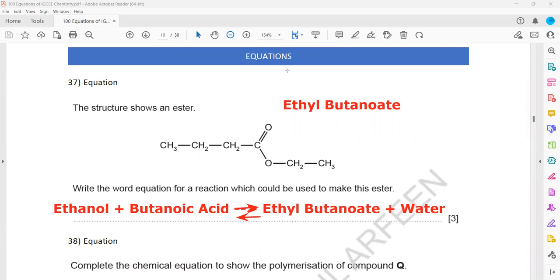Not always, it depends on the type of reaction. When acid reacts with metal, it will be salt and hydrogen. But acid with metal oxide gives salt and water. Metal hydroxide gives salt and water. Metal carbonate gives salt, water, and carbon dioxide. So usually a reaction of acid gives water, and formation of ester also releases a water molecule.